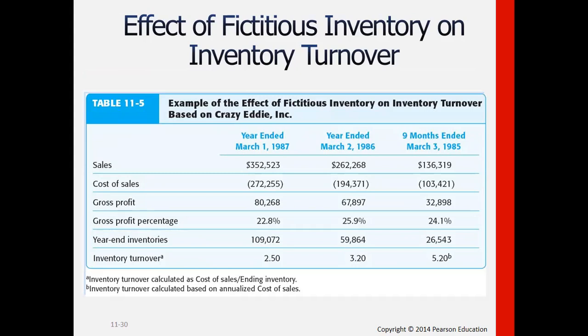Then year-end inventories increased, an upward trend. Inventory turnover decreased. Cost of sales actually increased, but just like AR turnover, where the ending receivables increased, here ending inventory increased. So that's why the inventory turnover decreased.